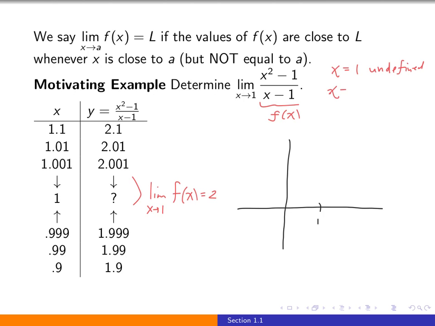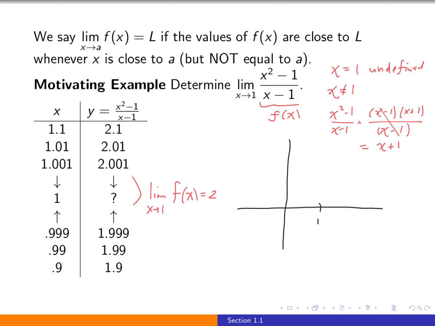But when x is not equal to 1, our function is x squared minus 1 over x minus 1. And x squared minus 1 factors as x minus 1 times x plus 1. So the x minus 1's cancel, and we're simply left with the line x plus 1.